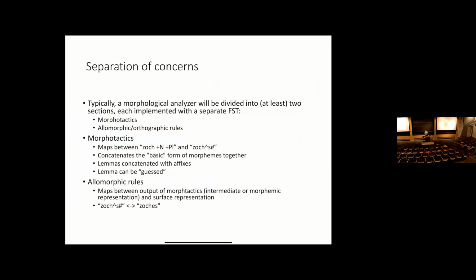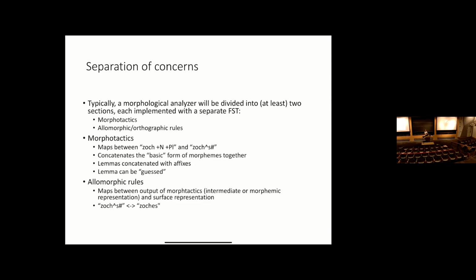So often when you're writing a morphological analyzer for a particular language, you'll divide it into two sections, implementing separate FSTs for morphotactics, which is how you put the morphemes together, and allomorphic or orthographic rules, which is how the letters or sounds change when you put them next to each other. So morphotactic rules would tell you that you put ing after a root to make a progressive form of a verb or a present participle.